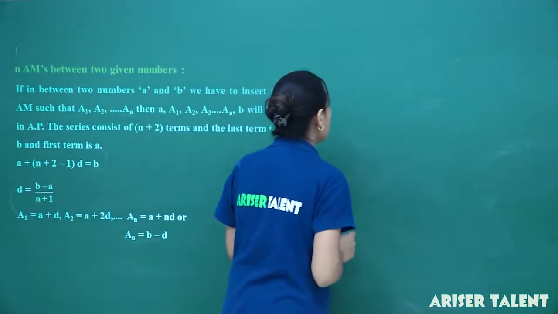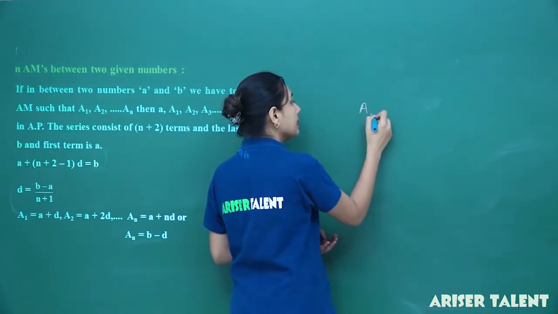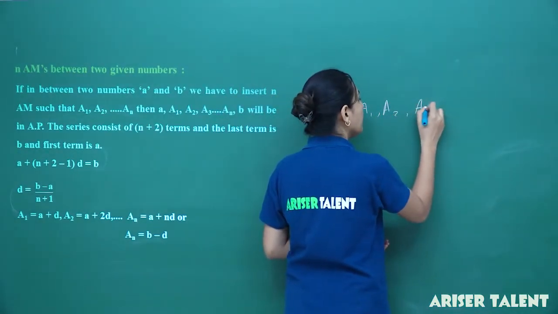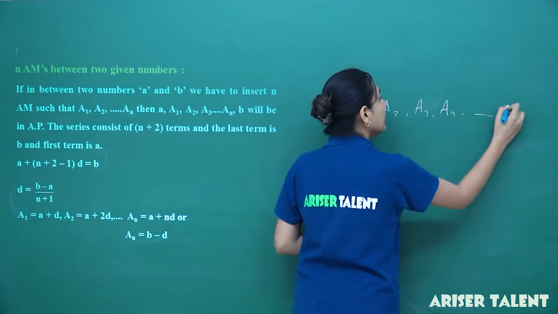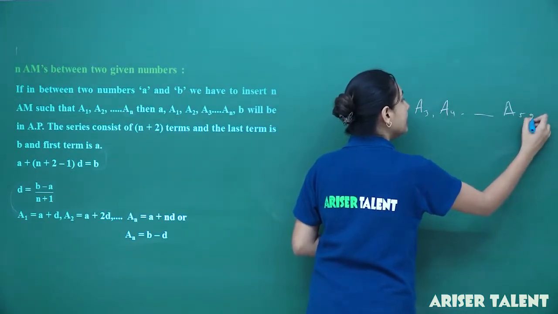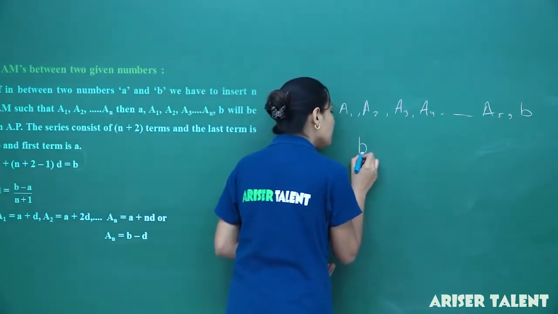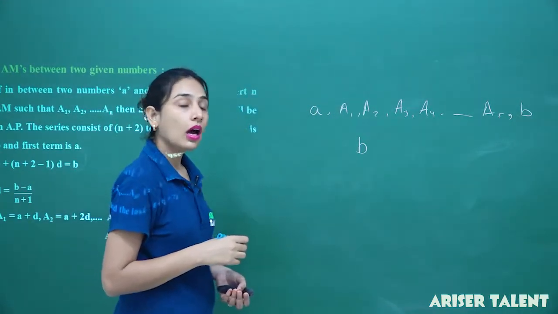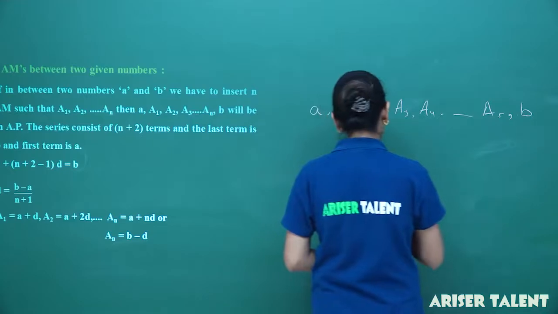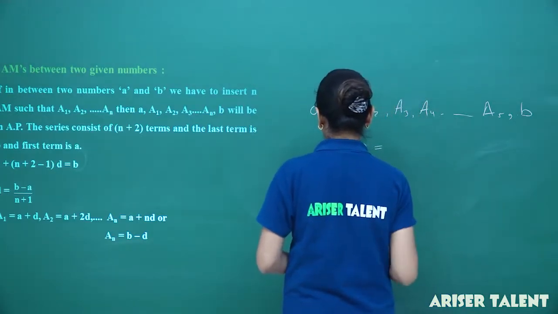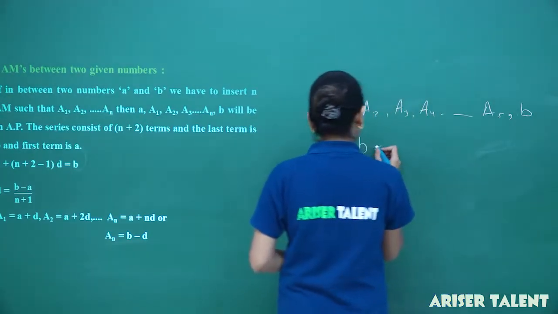Now if you are having this last term, that is A1, A2, A3, A4 till An, and then B, and here A. Now this value B, how can you find it?